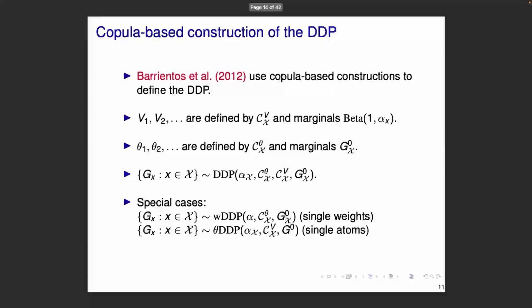There are special cases where we only introduce predictor dependence on the atoms, and that leads to the first version, called single weights, or we can introduce dependence only on the weights, and that leads to the other definition, called single atoms. And of course, we can have a similar parametrization for those special cases.